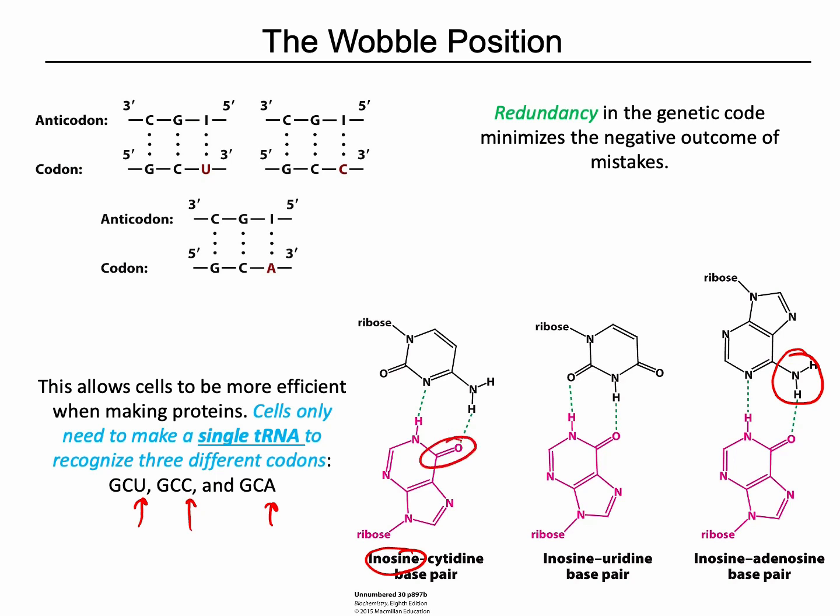So adenosine is a donor at this position, an acceptor at this position, where inosine becomes an acceptor and a donor, which makes inosine quite able to base pair with either uracil or cytosine, right? So uracil, cytosine, or adenosine.